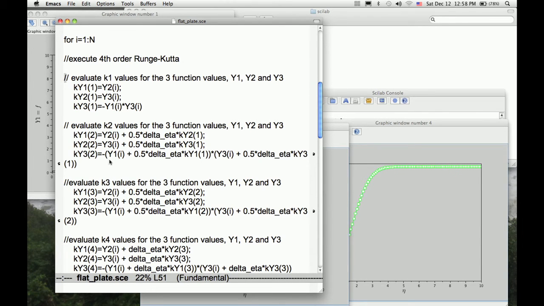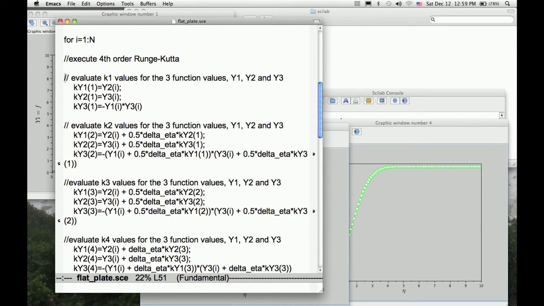So then it goes from minus y1 plus 0.5 delta eta ky. So I got y1 and y3. Here I change both basically with delta. So I say y1 plus 0.5 delta eta ky1 1, into y3 plus 0.5 delta eta ky3 1. These are essentially the 2 points.